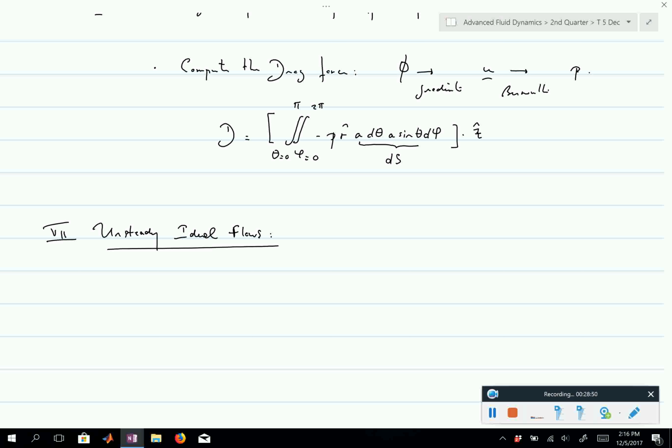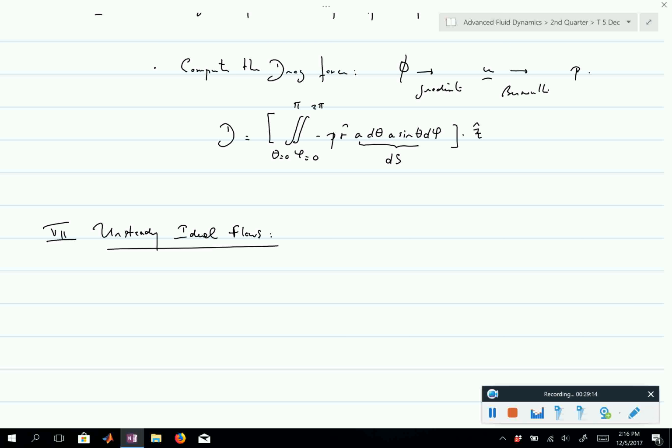Okay? So now we'll discuss a very prototypical example of unsteady flows, and that has to do with a flow where the object is no longer at rest. Let's put ourselves no longer in the frame of reference of the object.